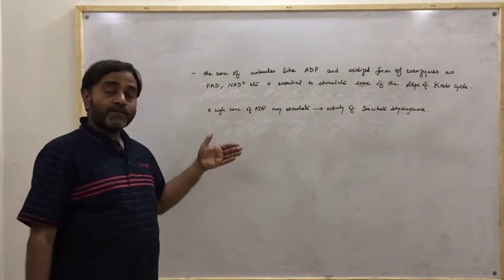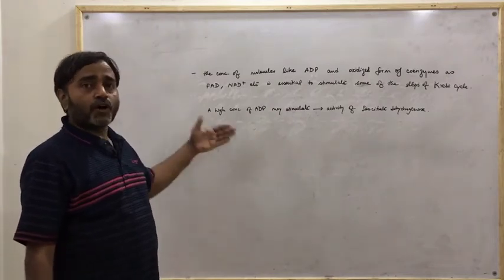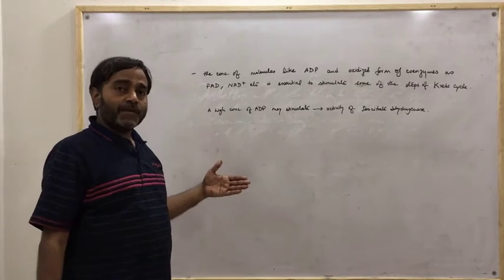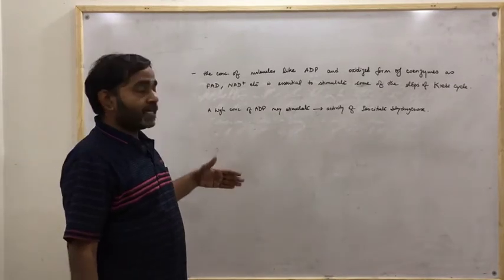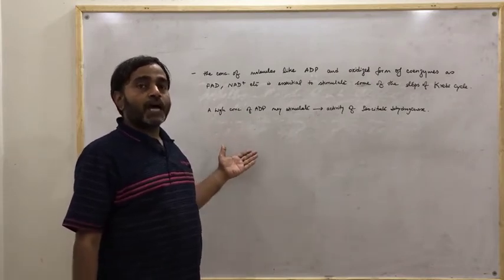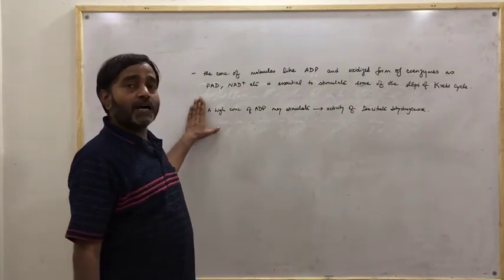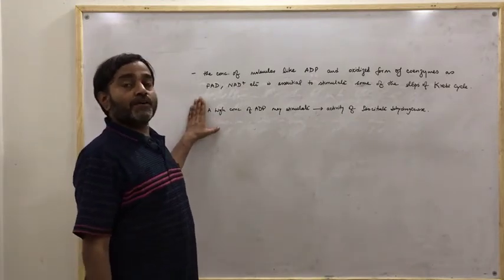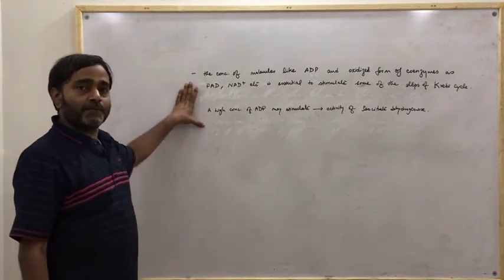So it is the positive regulation by such factors, and these oxidized coenzymes can be provided from the electron transport chain. In case somebody asks from where such oxidized molecules are made available to the Krebs cycle, they are made available from the electron transport chain where the redox process is going on. So we must keep this in mind.